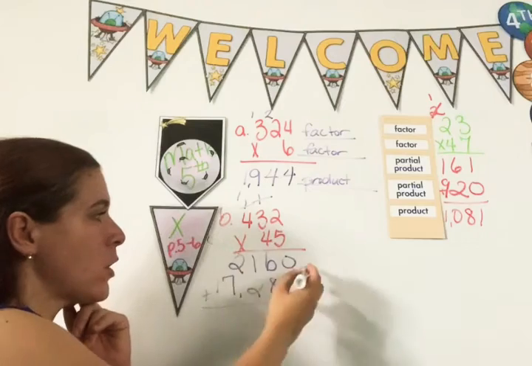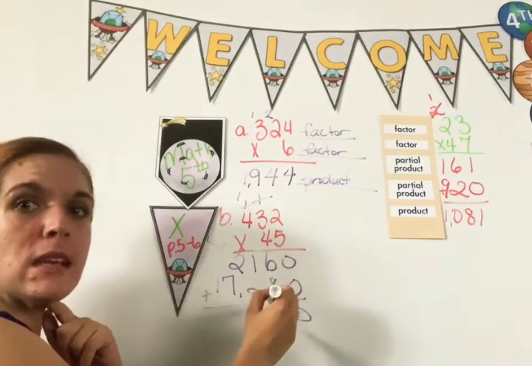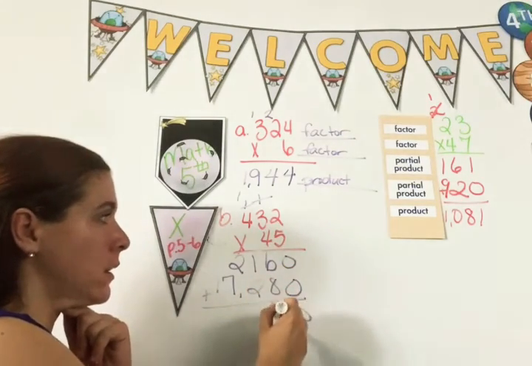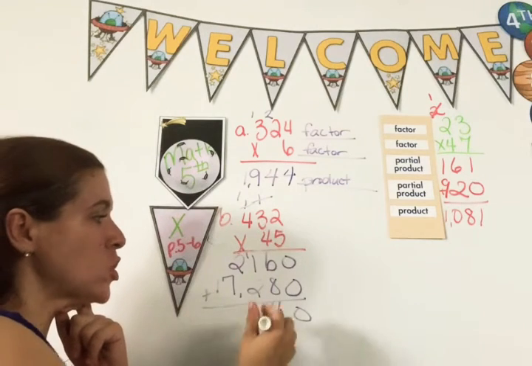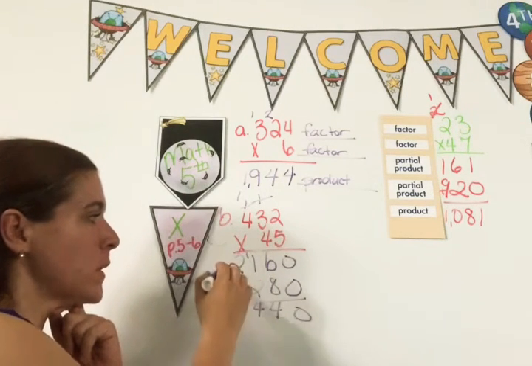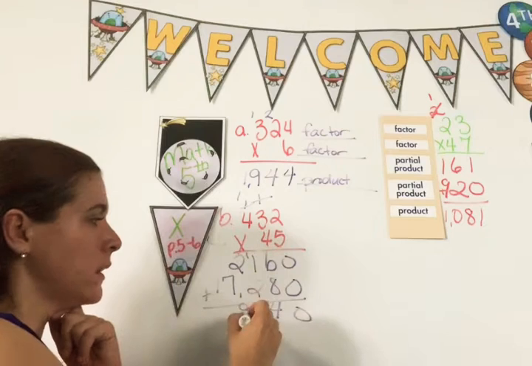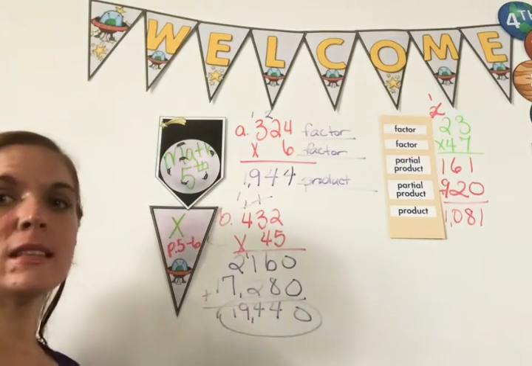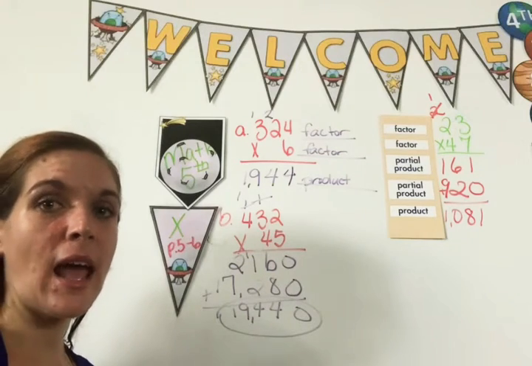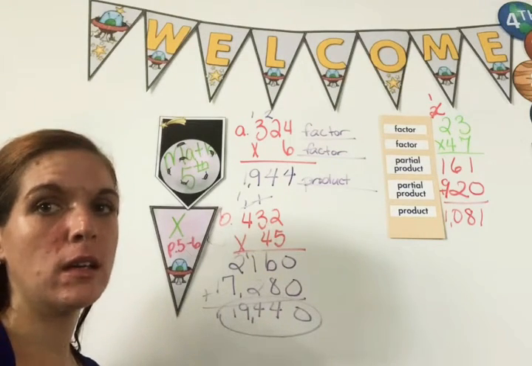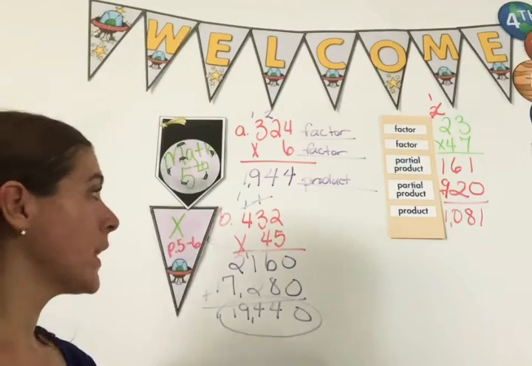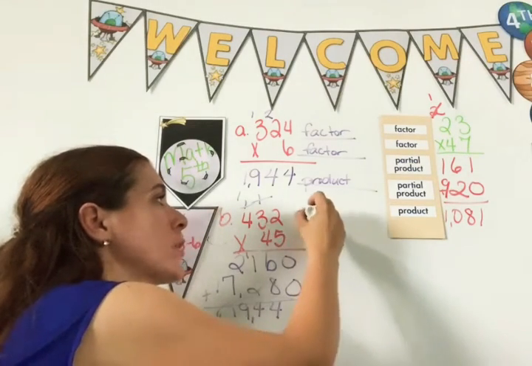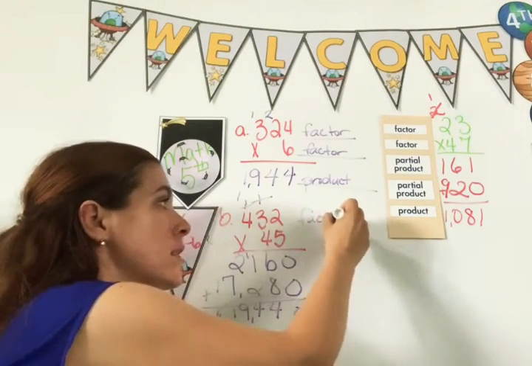0 plus 0 is 0. 6 plus 8 is 14. 1 plus 1 plus 2 is 4. 2 plus 7 is 9. And 1. 19,440. Okay? And so then what do we label? This is your factor. This is your factor.